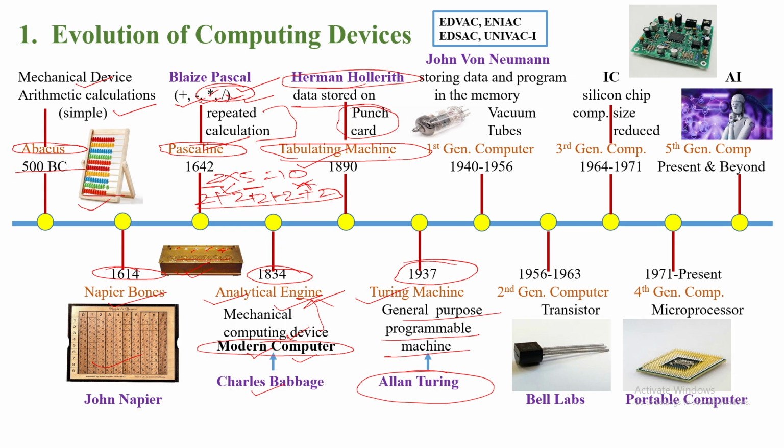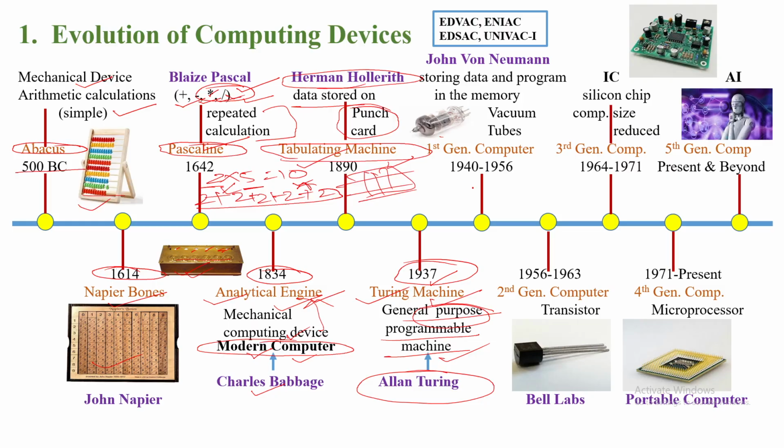Then we stored the data on punch cards in tabular format. Then Alan Turing gave the Turing machine, a general purpose programmable machine. And here also we are storing the data on the punch card only.